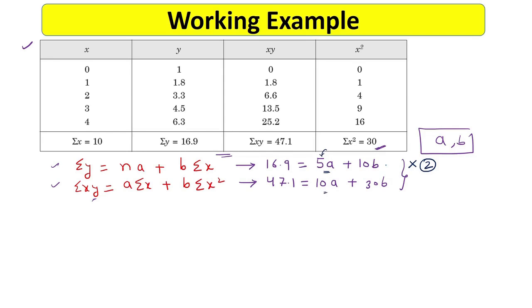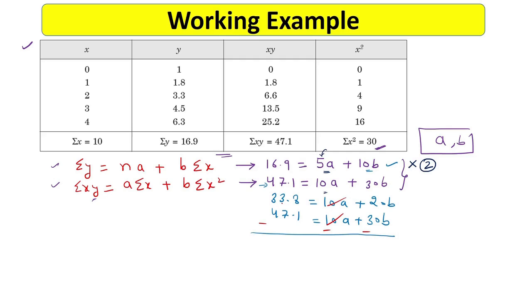So let's see. If we multiply this equation by 2, what do we get? 16.9 into 2 is 33.8. Then this will be 10a, plus this will become 20b. And I will keep this equation as such. Now I will change the sign, so this will be minus, this will be minus, and this will be minus. So this will cancel out.